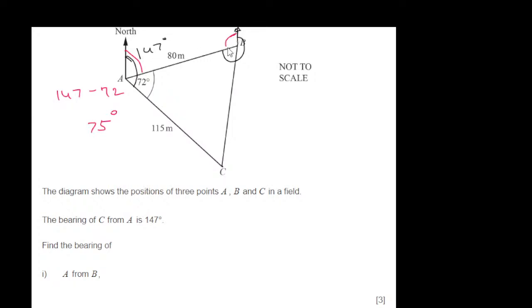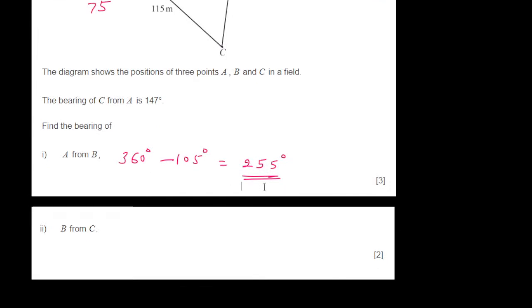So this particular part is what? 180 minus 75, so 10 minus 5 is 5, 105. So the required bearing is what? It is 360 degree minus 105 degree. Now 360 minus 100 is 260. 260 minus 5 is 255 degree. Okay, so the bearing of A from B is 255.